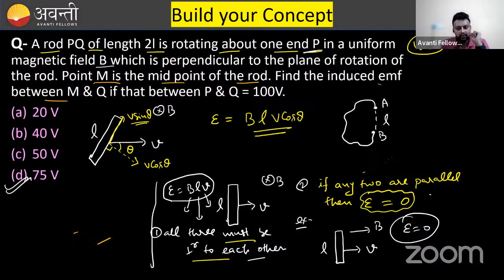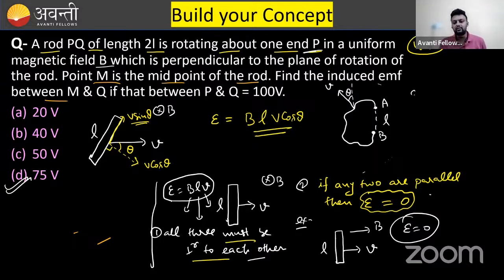The wire is starting from A, ending at B, and this separation is given as L. And the whole wire is moving in this direction with some velocity V, and this direction is nothing but at an angle theta with the vertical.